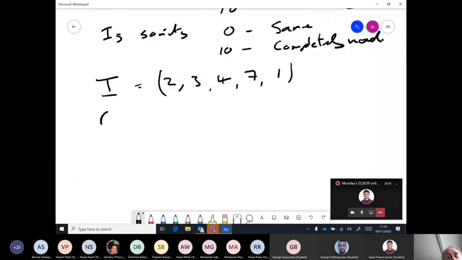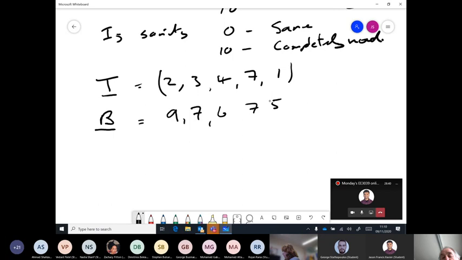I also found a typical Biden voter. Well, in case it would be Clinton 4 years ago, let's assume they're the same views. And a typical Biden voter would be 9, 7, 6, 7, and 5. So those are my 2 reference patterns for my distance classifier.